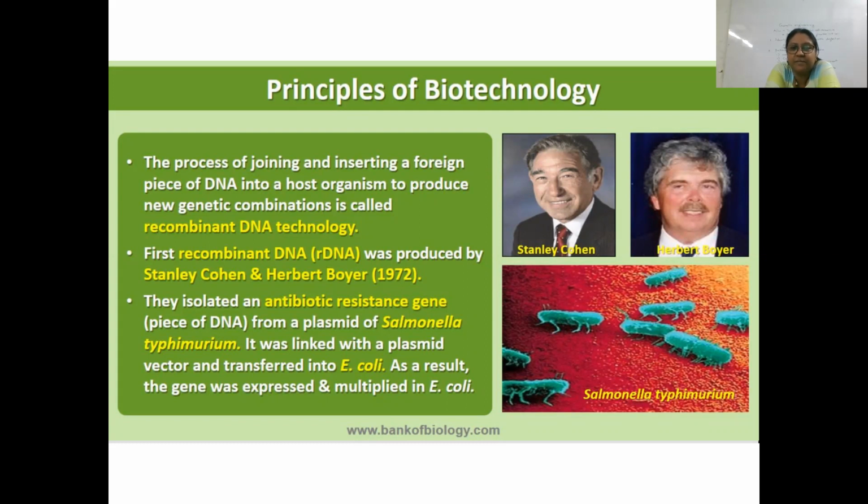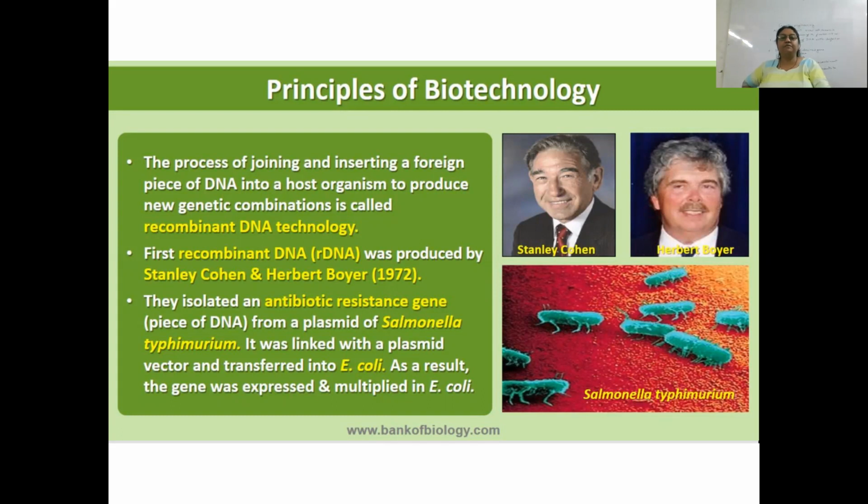The first recombinant DNA was produced by Cohen and Boyer in 1972, and it was inserted in the organism called Salmonella typhimurium. Actually, Salmonella typhimurium had a plasmid, and it is responsible for giving it antibiotic resistance.